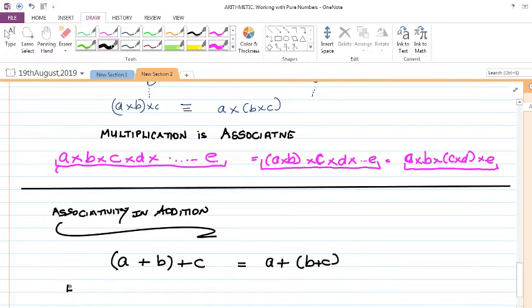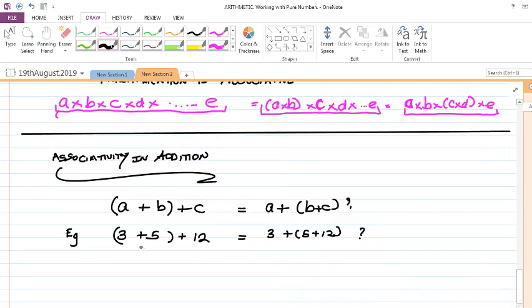So let's take a single case. 3 plus 5 plus 12. Is it the same outcome as 3 plus 5 plus 12 associated the other way? Well, 3 plus 5 is 8. And 8 plus 12 will give you 20.